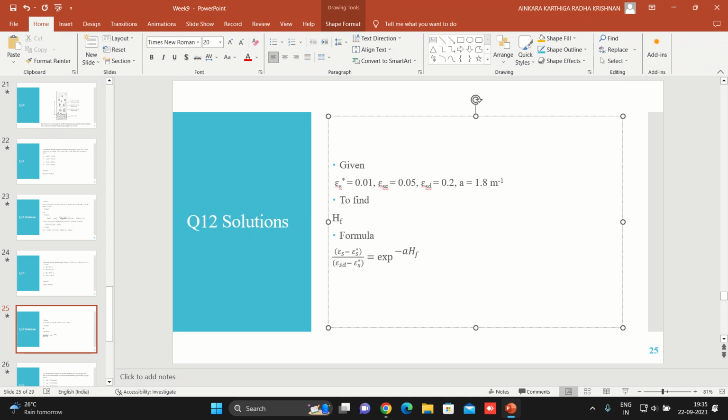So the formula is given by this: (epsilon s minus epsilon s star) divided by (epsilon sd minus epsilon s star) is equal to exponential of minus a into hf. In this we substitute all the known things first. So epsilon se we know. We are substituting it at epsilon s, because we know that the exit solid fraction, or the carryover capacity solid fraction, is the same in this instance regarding this question.